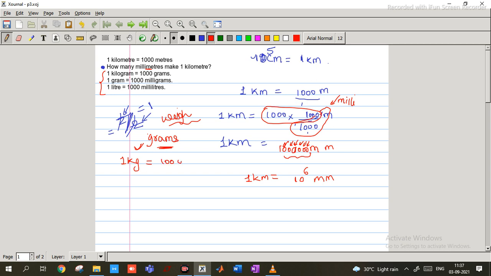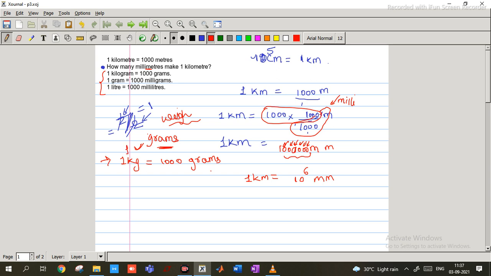So these are the standard units which we have fixed for our convenience, and which we have been using for so many years. So 1 kg makes 1000 grams.